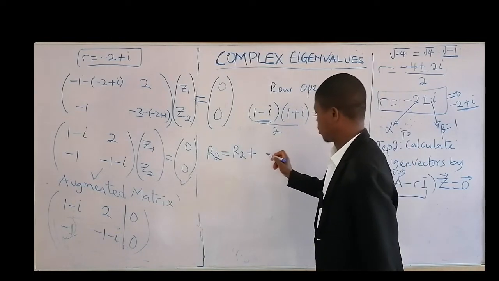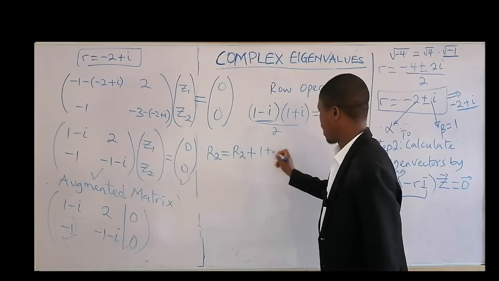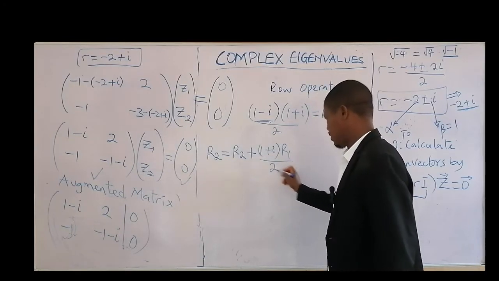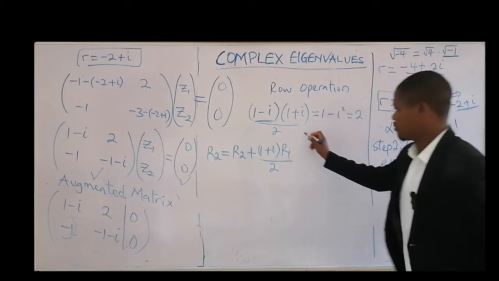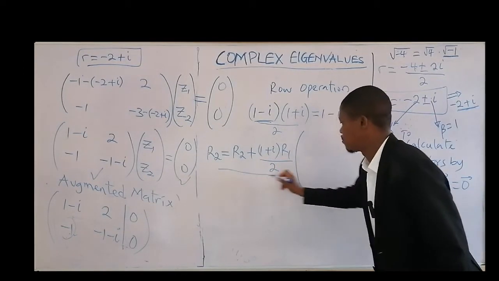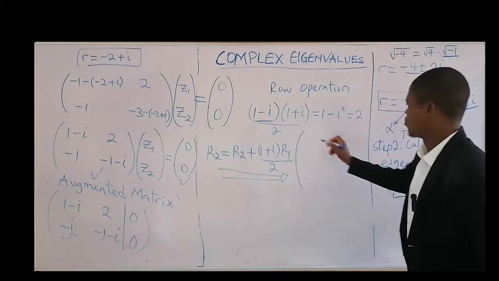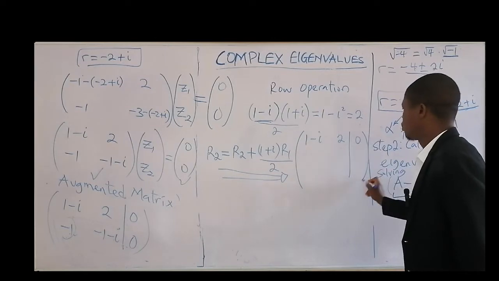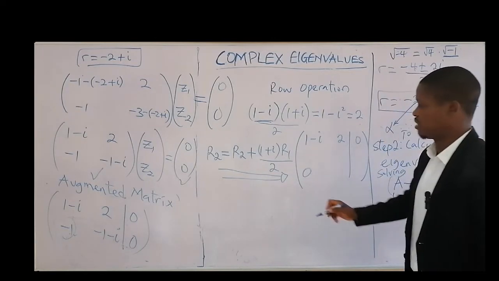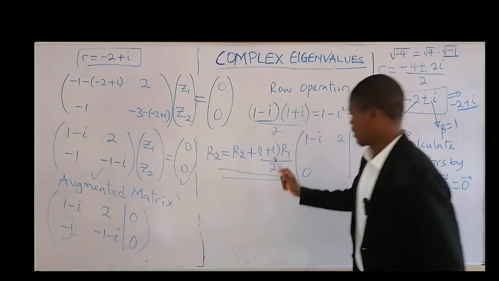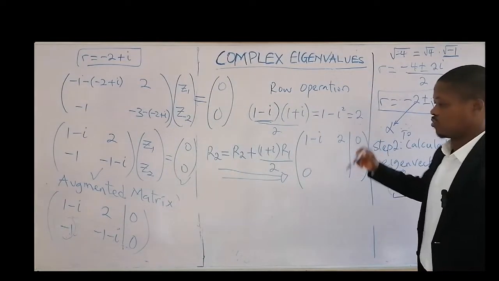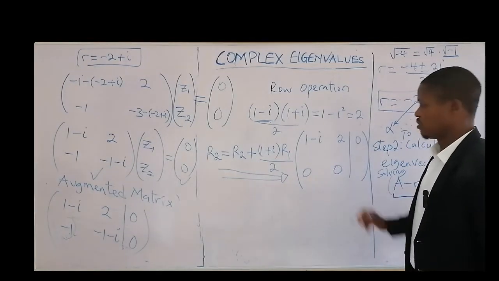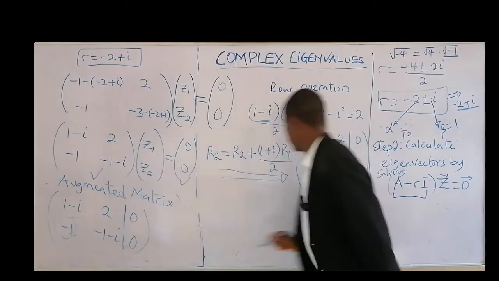So plus 1 plus i, times root 1 over 2, and that will give me 1 minus i at 2, and then this will be 0, but this is minus 1. And this expression is also 1. So minus 1 plus 1, that's 0. Here also, if you do the algebra, it's also equal to 0. And then this one minus this is 0.